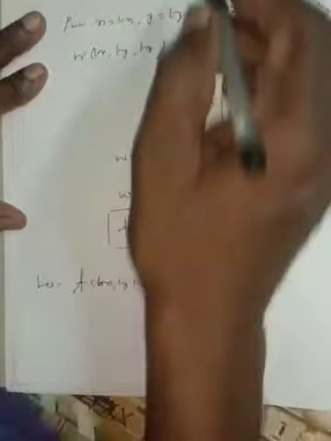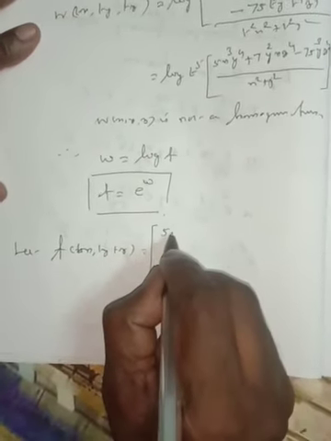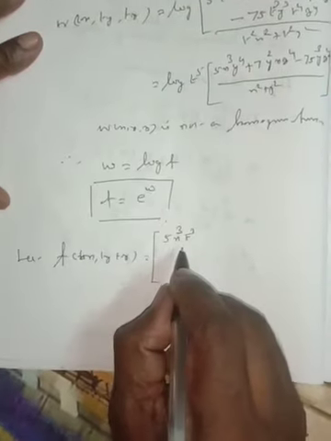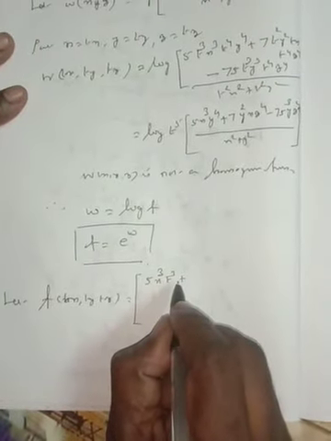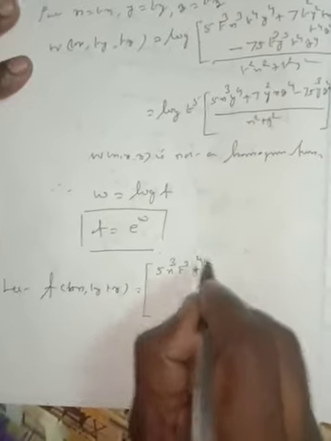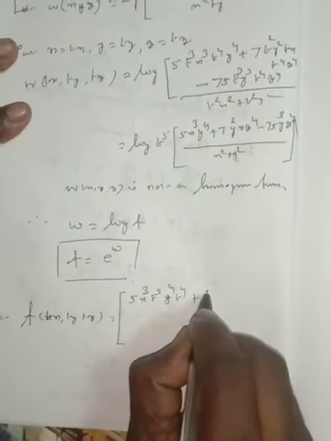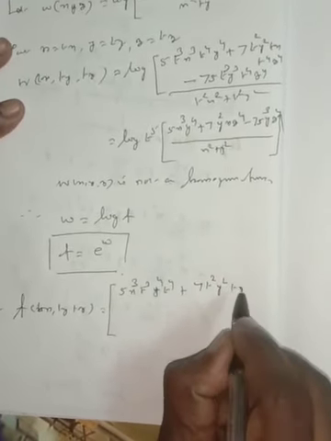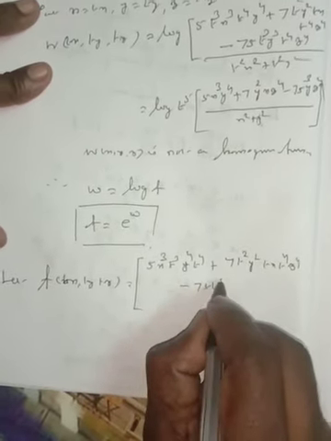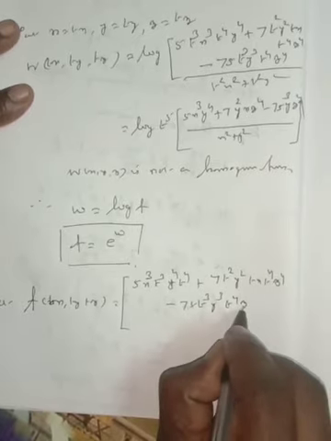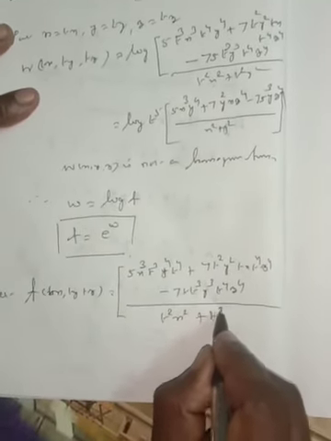f(x, y, z) is again phi into x³t³ plus 7 into y⁴t⁴ plus 7 t²y² tx t⁴z⁴ minus 75 t³y³ t⁴z⁴ divided by t²x² plus t²y².